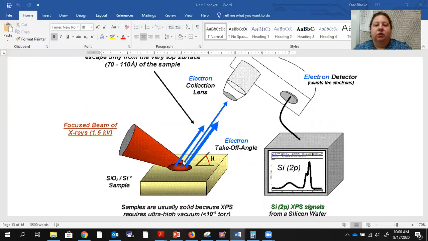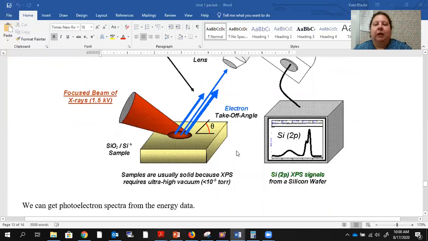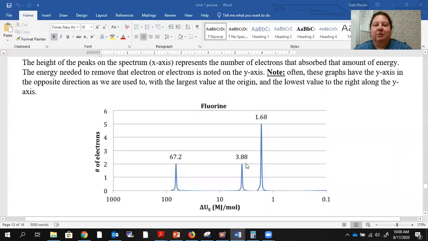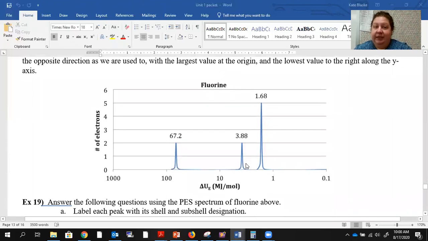And so all of those electrons then are bounced into an electron collector, and the detector measures how many electrons are being removed from that sample at specific energies. So if they measure the energy of the ray coming in, and then the energy that that electron is leaving, they can figure out how much energy that electron had to absorb to be able to be removed. That data can be translated into a graph, and we get something that looks like this.